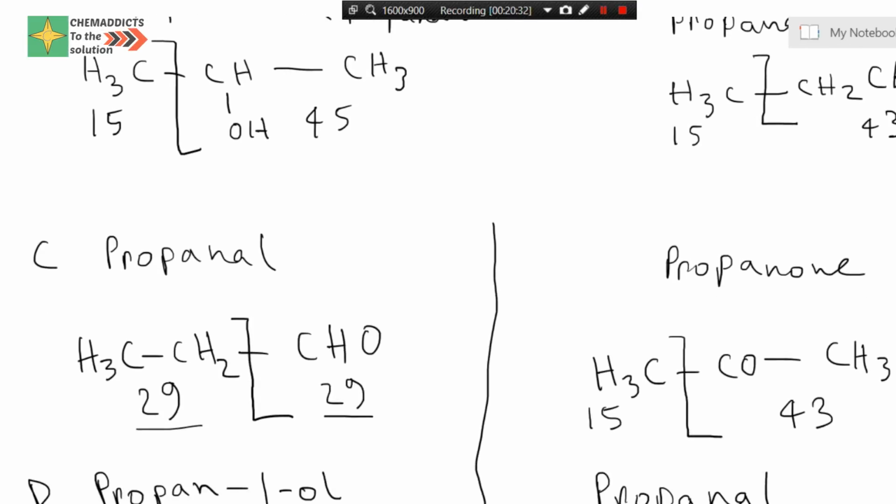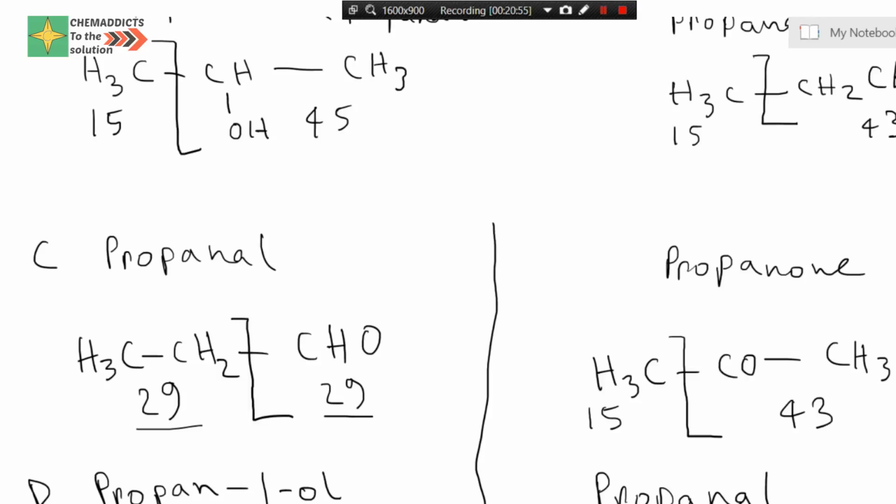Now let's look at C. One of them matches with the given mass by charge ratio, while the other one does not.